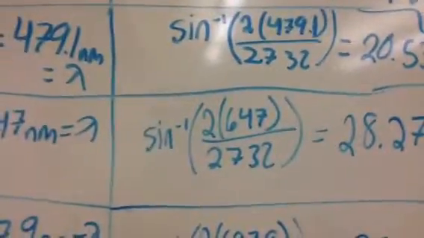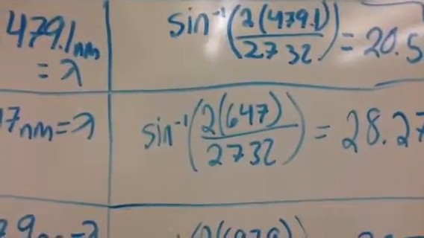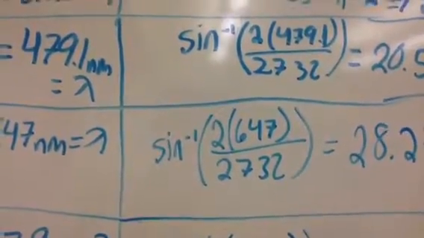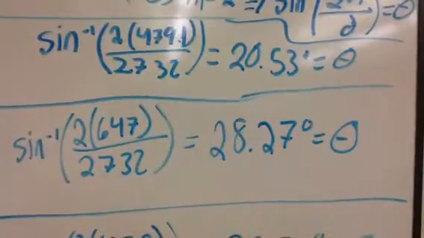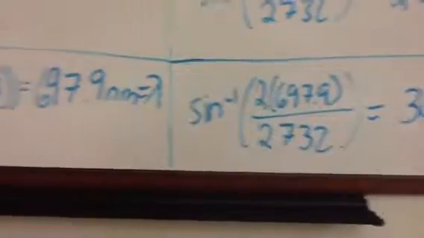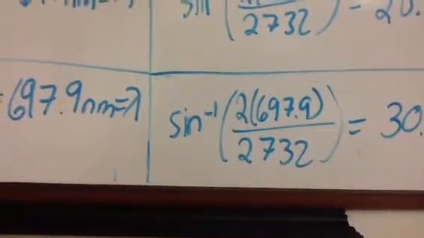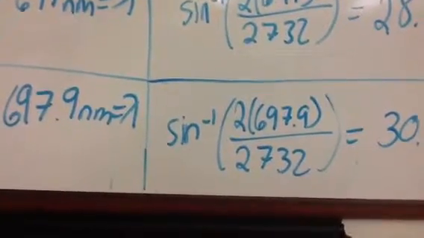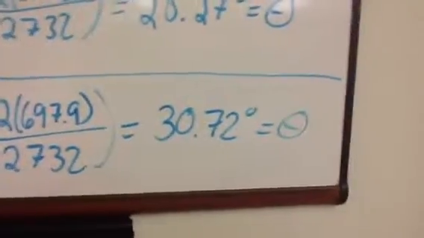Now for the second one, where our lambda is equal to 647 nanometers, we find arc sine of 2 times 647 divided by 2,732 nanometers, which is equal to 28.27 degrees for theta. Finally, for 697.9 nanometers for lambda, we take the arc sine of 2 times 697.9 nanometers divided by 2,732 nanometers, which gives us 30.72 degrees for theta.